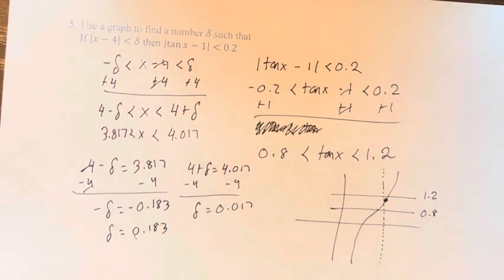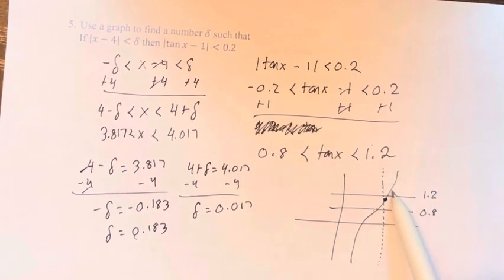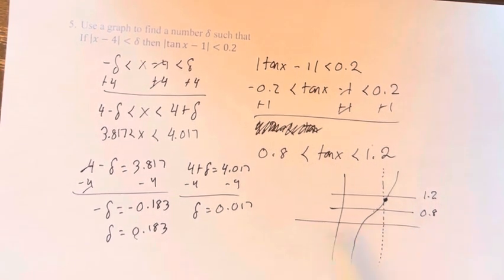So what that means is if we're going in the positive direction, we only have to go 0.017 before we get to values outside of this range. Meanwhile, we have to go much further in this direction, 0.183, which is a lot bigger than 0.017, until we get values outside of this range, below 0.8.